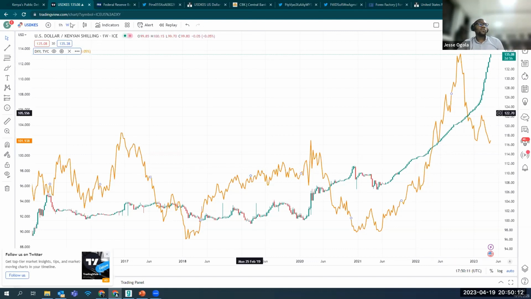But on a year-to-date scenario, or even on a day-to-day, the Kenya shilling exchange rate to the dollar is quite low in terms of volume traded, and therefore trading it would not really be possible. I hope that at least answers that.